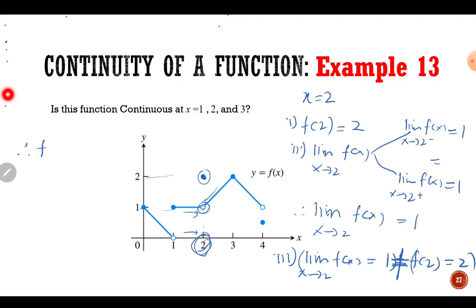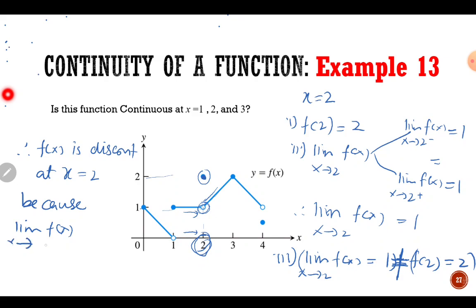So what shall we conclude? Again here, f(x) is discontinuous at x equals 2. This time it is not because the limit does not exist; the limit exists. The limit of f(x) as x approaches 2 is not the same as f(2). Understand? The limit exists and f(2) is defined, but they are not the same.